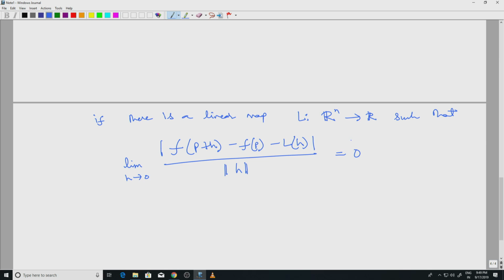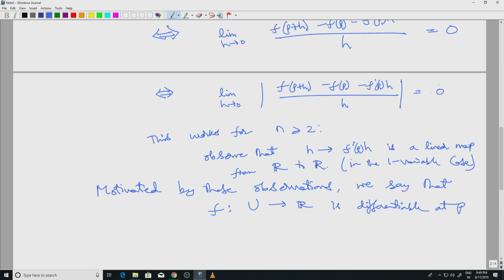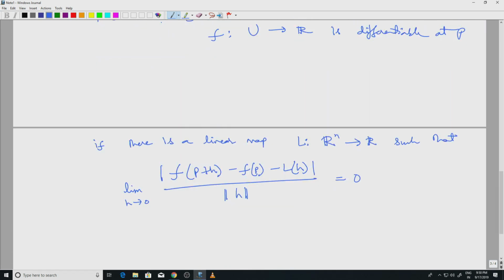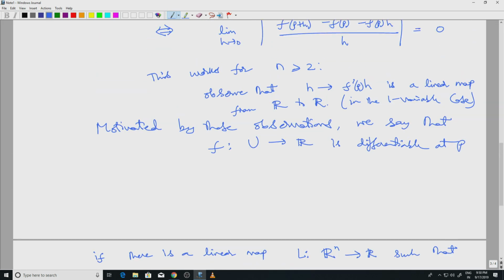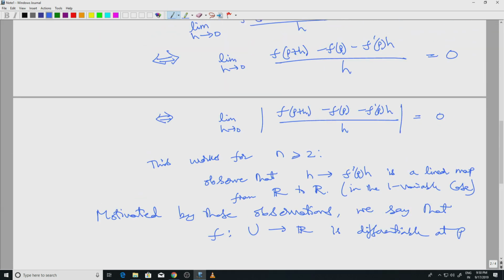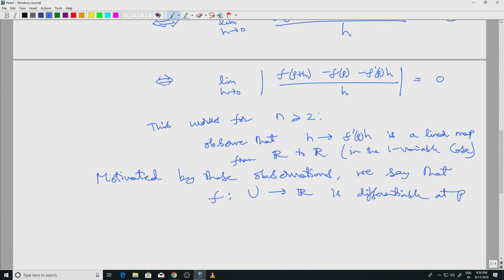So this is entirely motivated by this previous equation. In the one variable case, L of h, the linear map, is as observed here. It's just L(h) equals f prime p times h. In general, we define it like this. And of course, in the one variable case, that linear map is essentially the derivative.